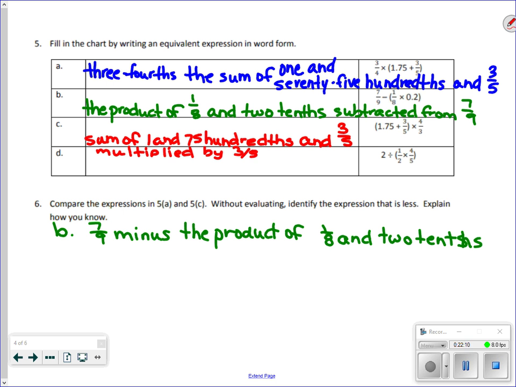So the sum of 1 and 75/100 and 3/5 multiplied by 3/5. Oh, 4/3. Sorry, 4/3.